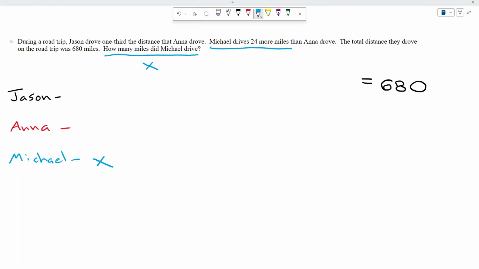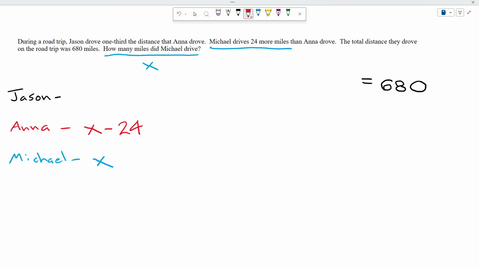Now here, we can figure out what Anna is because it's telling us that Michael drove 24 more miles than Anna drove. So whatever Michael drove, Anna drove 24 fewer miles.